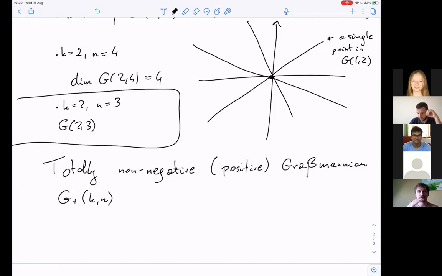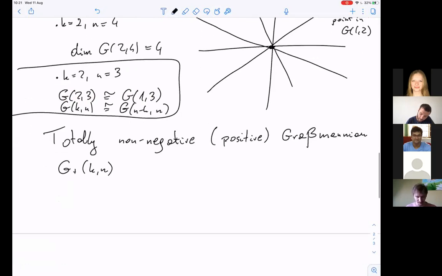Every two-dimensional subspace inside of three-dimensional space can be described by the basis of this two-plane, or it can be described by the orthogonal vector for this plane. So there is something called Grassmannian duality, which tells you that in general, G(k,n) is the same as G(n-k,n). So you're right that it looks like G(2,3) will be a non-trivial example, but it's exactly the same as G(1,3), so it's still projective space. It's a very good question.